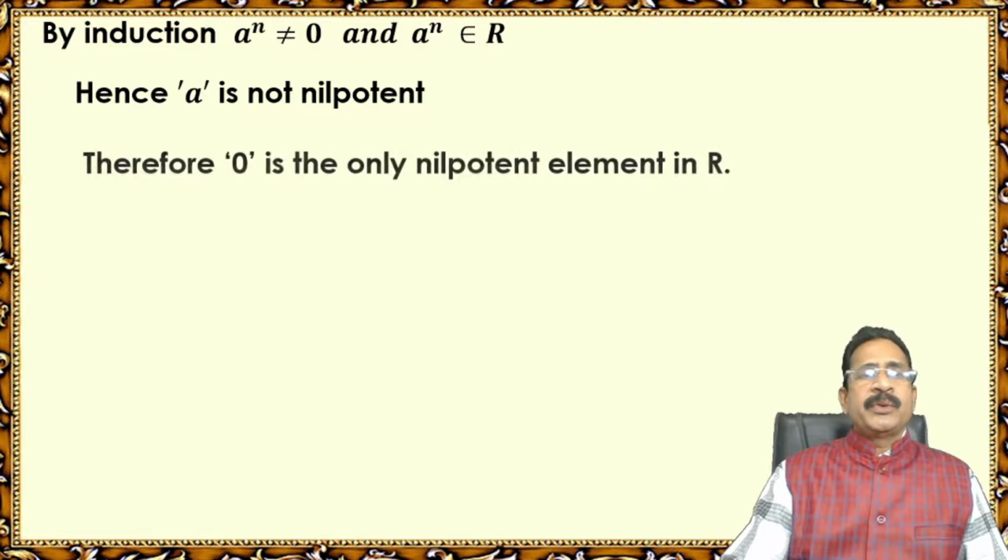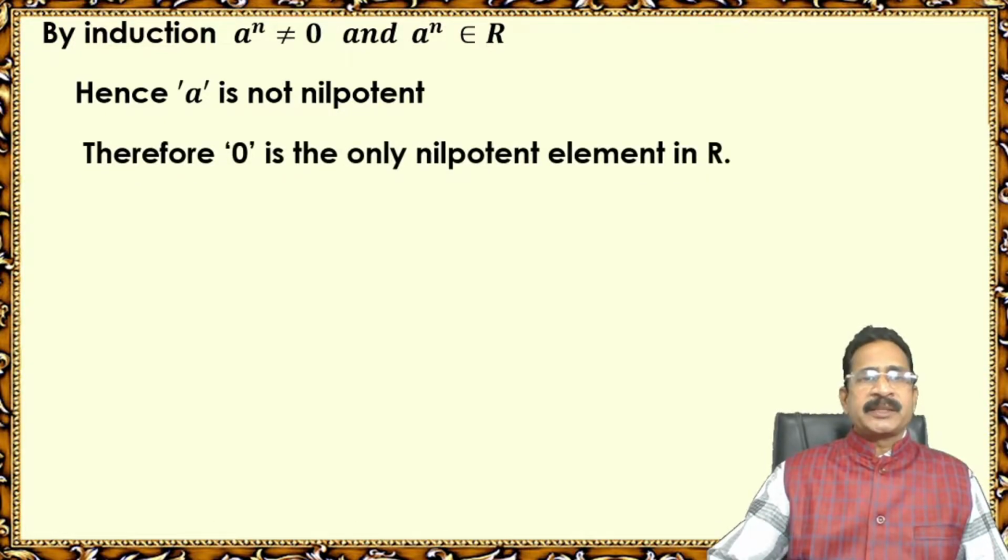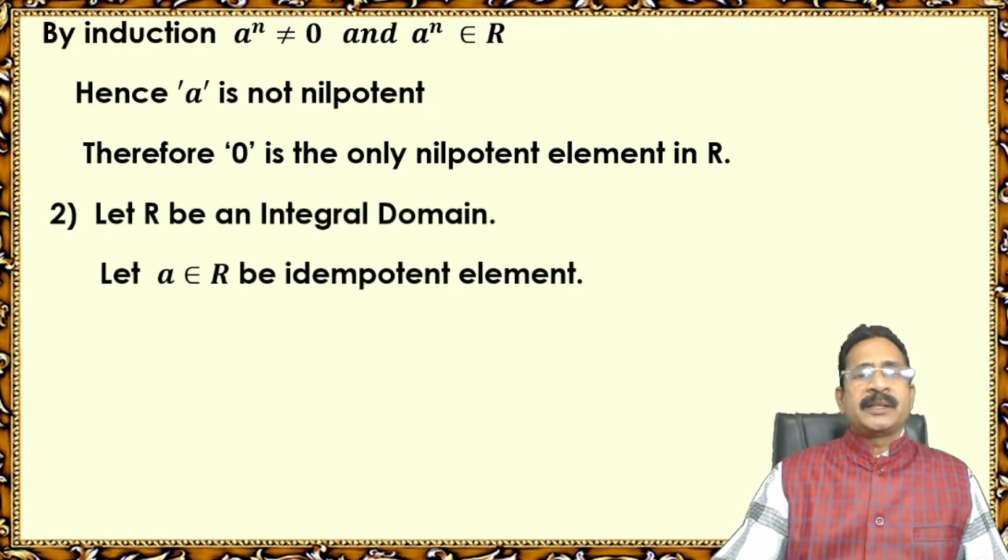Why? Because we cannot find any positive integer n such that a power of n is equal to 0. Therefore, only 0 is the nilpotent element in ring R. This ring R is an integral domain. Therefore, the only nilpotent element in an integral domain is 0.